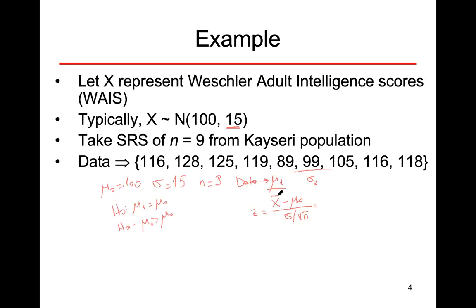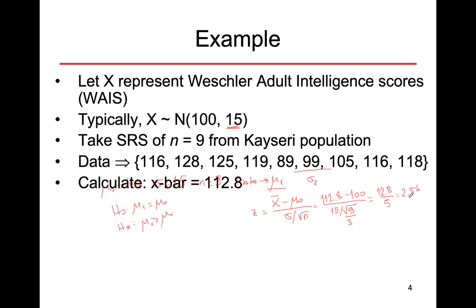So we will find X bar equals 112.8, the mean of these 9 values, minus 100, divided by 15 over root 9, which is 3. 15 by 3 is equal to 5. So it is 11.5 divided by 5, something close to 2.56 or something. So this is my z value.